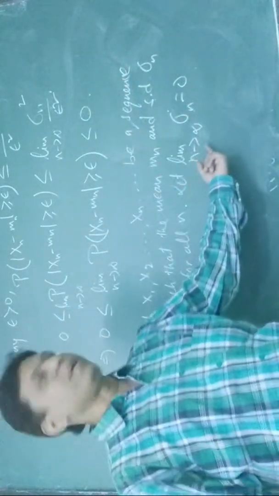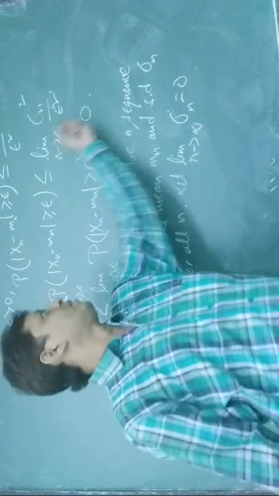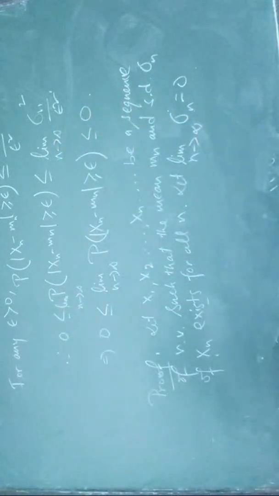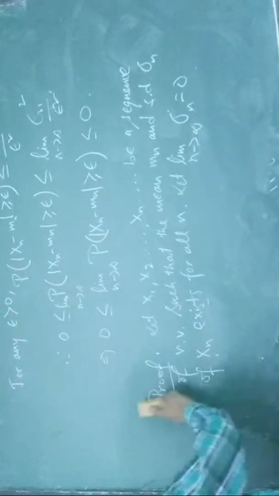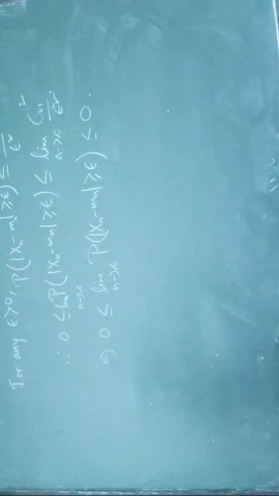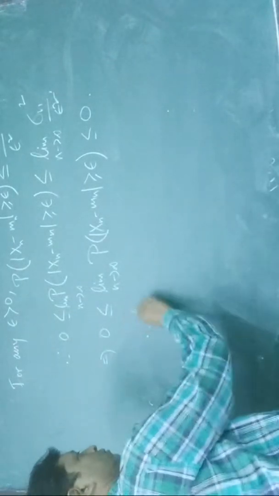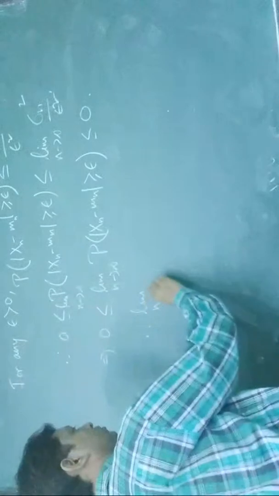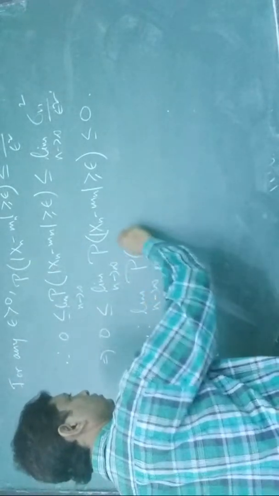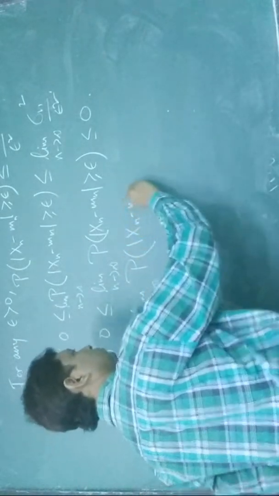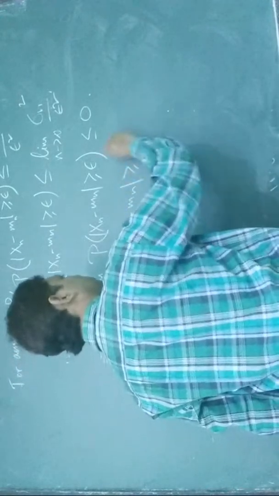So you are assuming this fact, so you are getting this as 0, whatever be your epsilon. Always epsilon is positive. Now what is your conclusion? Therefore, okay, clear?